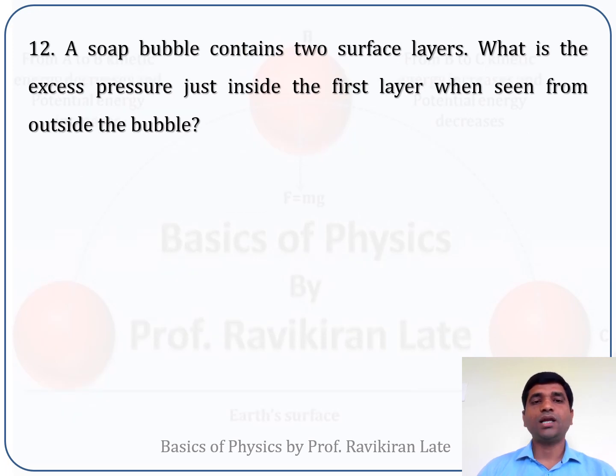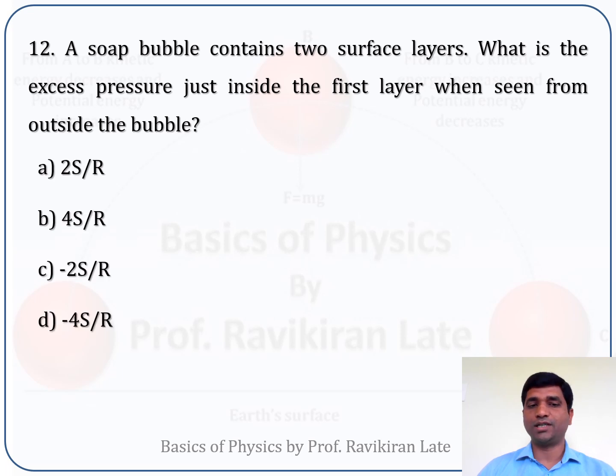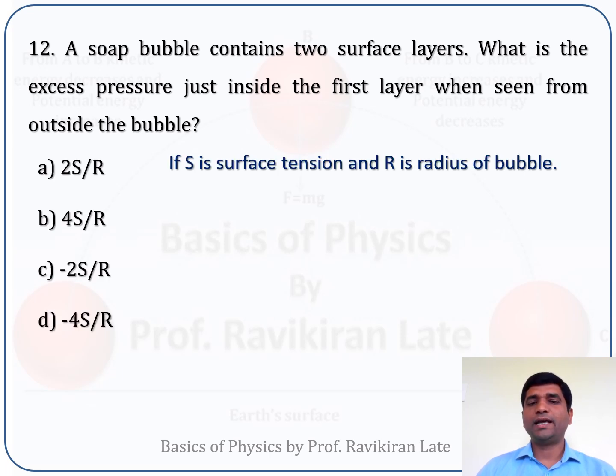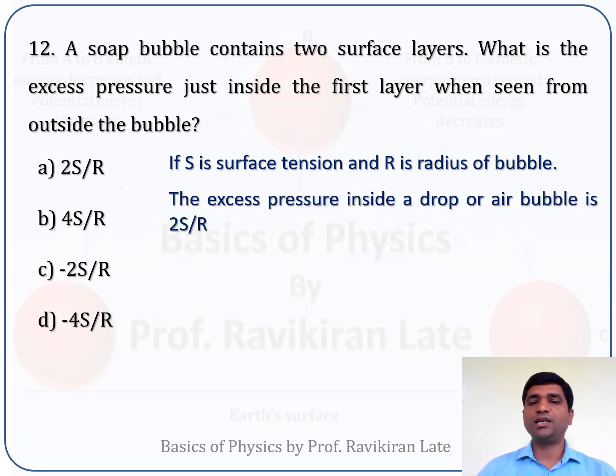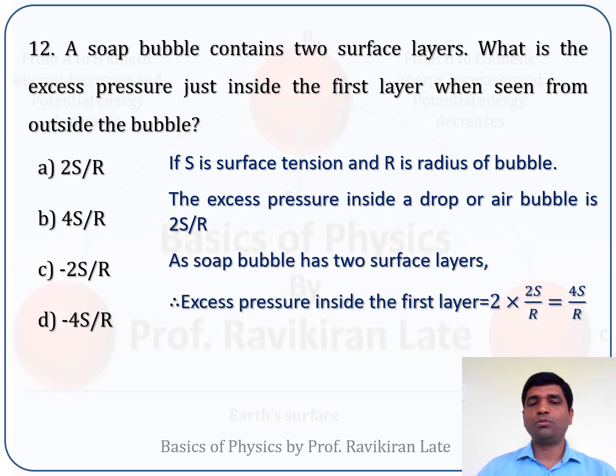Now, a soap bubble contains two surface layers. What is the excess pressure just inside the first layer when seen from outside the bubble surface? We know that if S is the surface tension and R is the radius of the bubble, the excess pressure inside a liquid drop or air bubble is 2S upon R. Now as the soap bubble has two surfaces, we have to multiply this by 2.